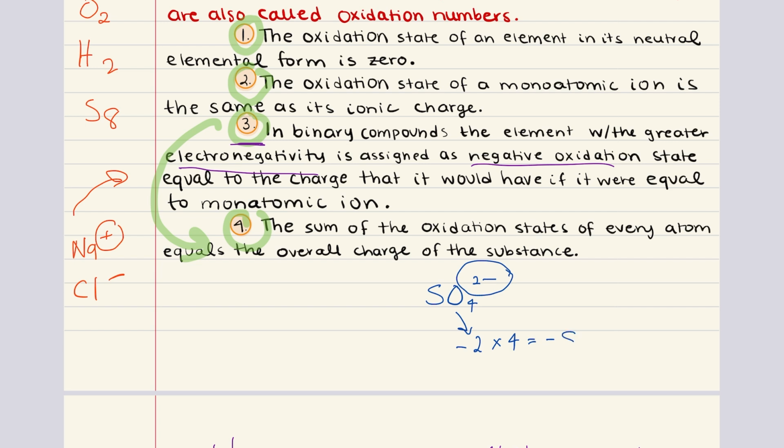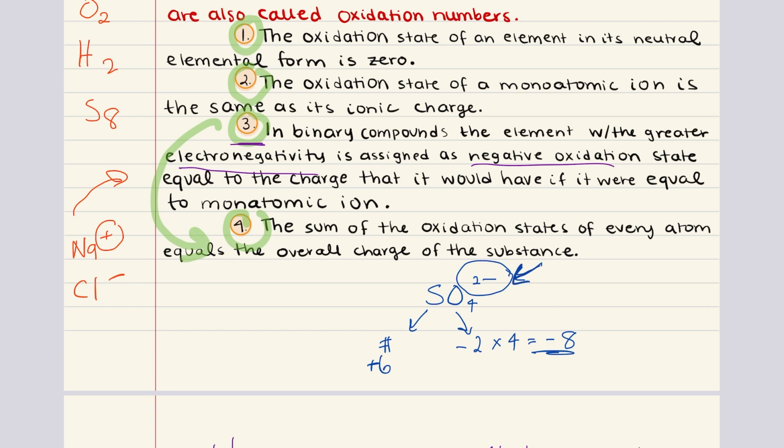So we have -8. We need the sum of the oxidation number of sulfur and -8 to be equal to 2-. This means that sulfur has an oxidation number of +6. +6 minus 8 gives us -2, and we know we did this correctly because the sum of the oxidation numbers equals the ion's charge.